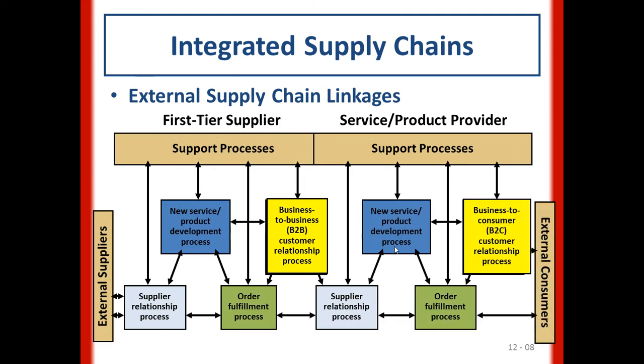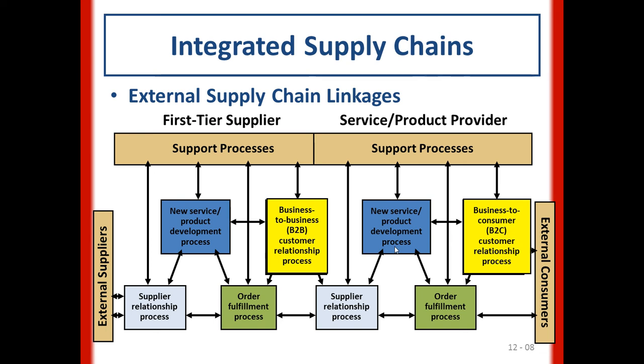This picture shows an integrated supply chain. Within this integrated supply chain, this picture represents one simple transaction between the first tier supplier, or supplier tier 1, with the central firm.